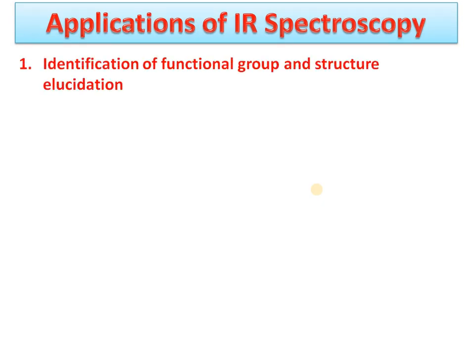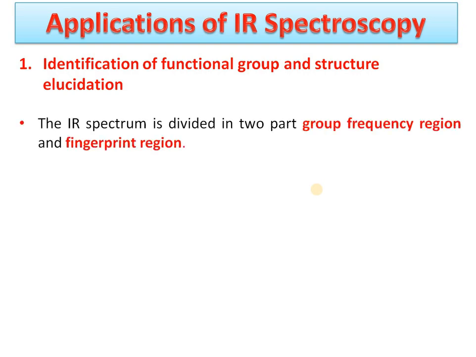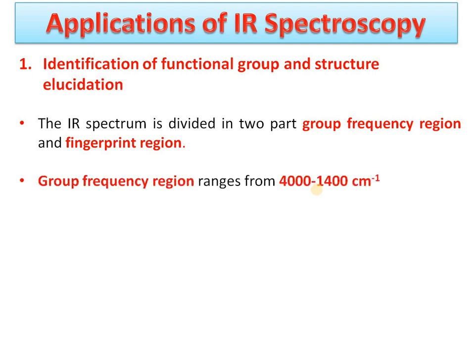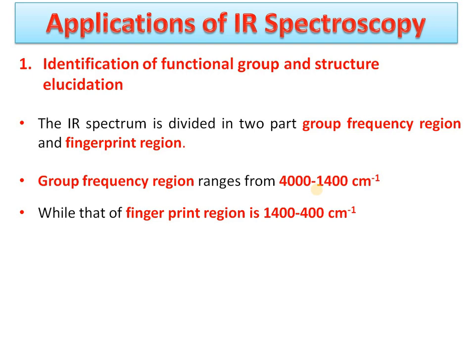Now we will discuss the applications of IR spectroscopy. The first application of IR spectroscopy is the identification of functional group and the structure elucidation. We have discussed in the previous slide that the IR spectrum is divided into two parts: group frequency region and fingerprint region. Group frequency region ranges from 4000 to 1400 centimeter inverse, while the fingerprint region ranges from 1400 to 400 centimeter inverse or 1400 to 665 centimeter inverse.